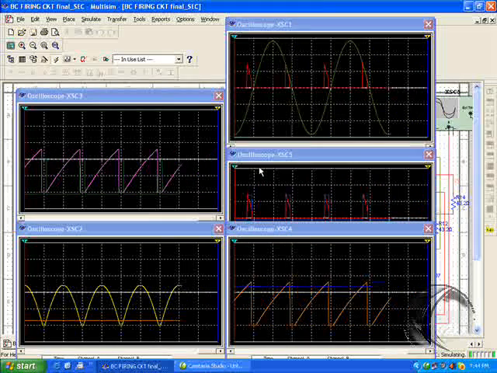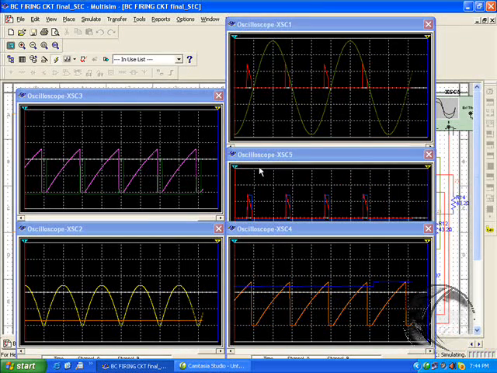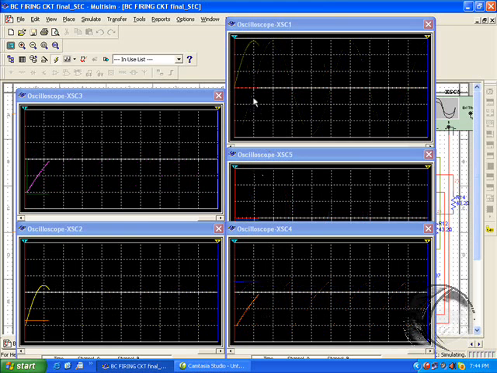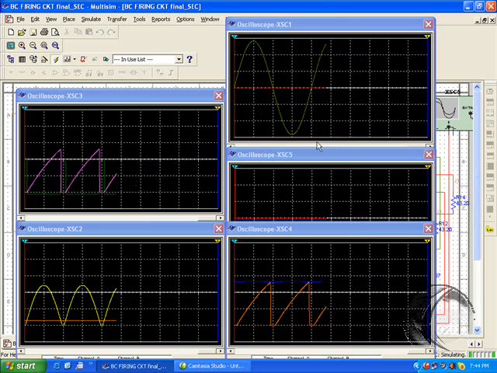If I delay further, there is no power. This green is the AC input and DC output is not available. So this is how we achieve the power control, DC control.